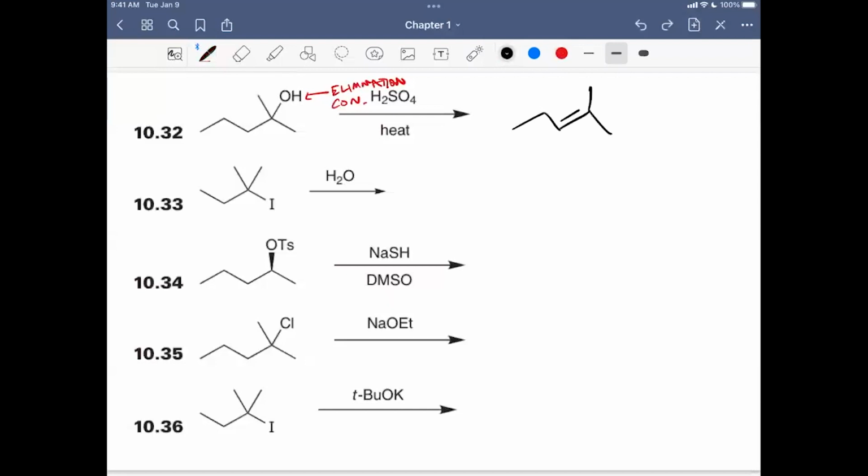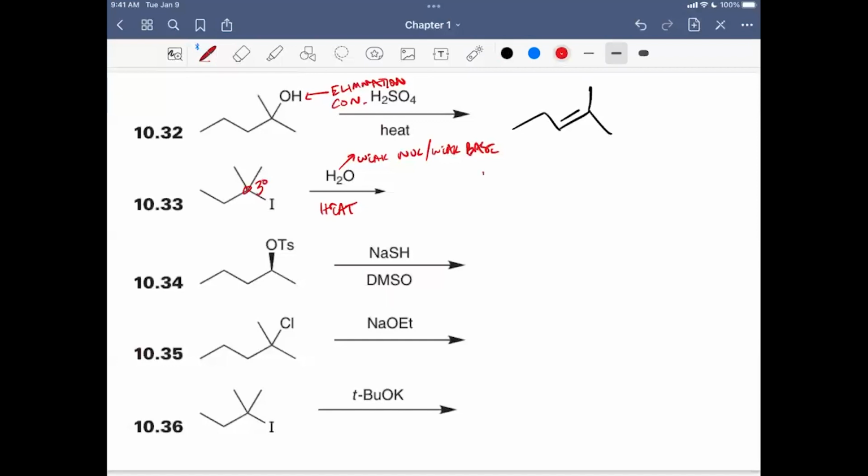And I'll just show the major for these as well, because that's primarily what you're going to be writing in here. So now for this one, we have water, which is a weak nucleophile and a weak base. We don't have any heat that's added here, so it doesn't say we have any heat, and we do have a tertiary, so we have a 3 on that carbon.